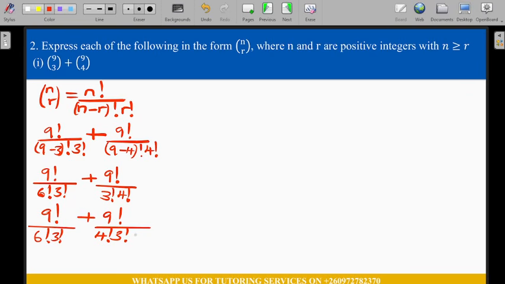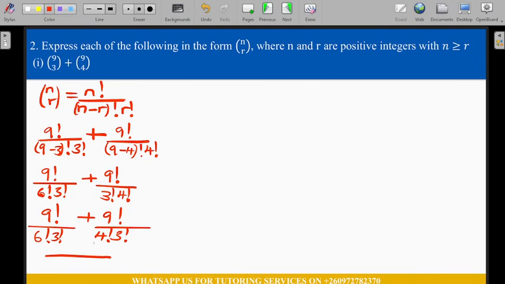After this, we need to get the common denominator, and as you are getting the common denominator, you take the bigger numbers. Here the first numbers are 6 factorial and 4 factorial.